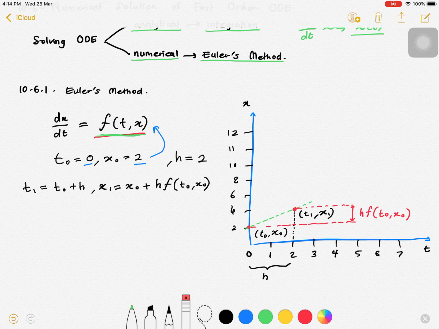When we calculate it, we can draw it again at the second point. So let's say the gradient increases, like that, for example. Now we have the second gradient, and we want to know where the next point is. We need to use the same time step h. So the third value of t is 4.